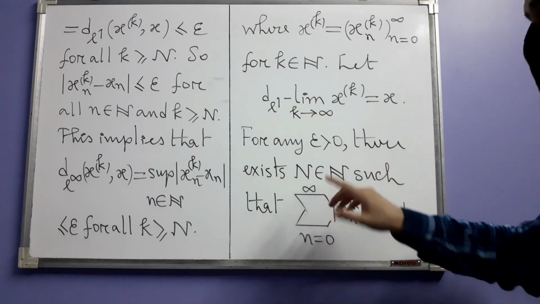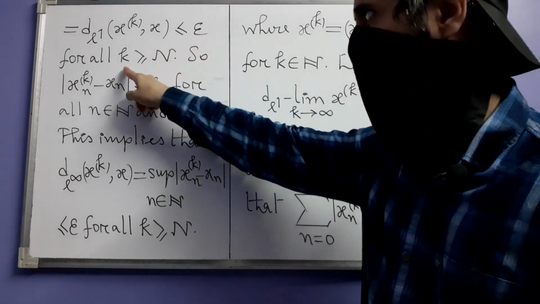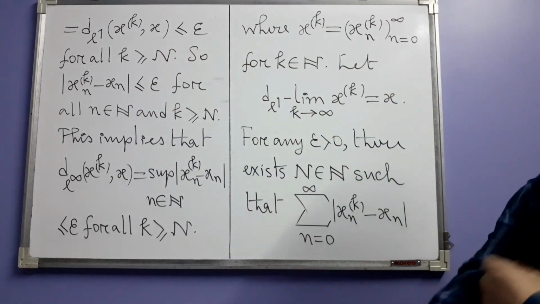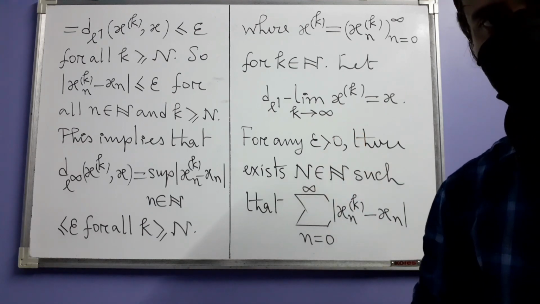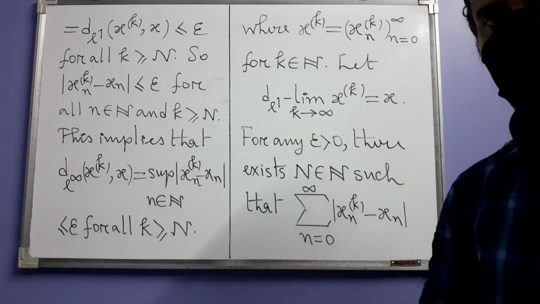So this thing is now less than or equal to epsilon for all k greater than or equal to N. Note that this is an infinite series of non-negative real numbers which is convergent.